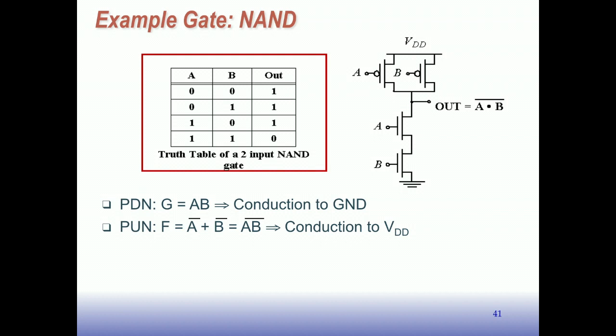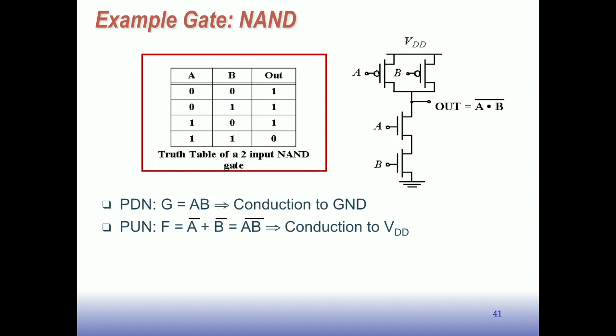Therefore, we're going to put 2 NFETs in series here. If A and B are both a 1, then both of these switches will be closed and the output will connect to ground. So the output will be 0 in that case. In every other case, one of the pull-ups or both will be switched on, and therefore the output will be a 1.